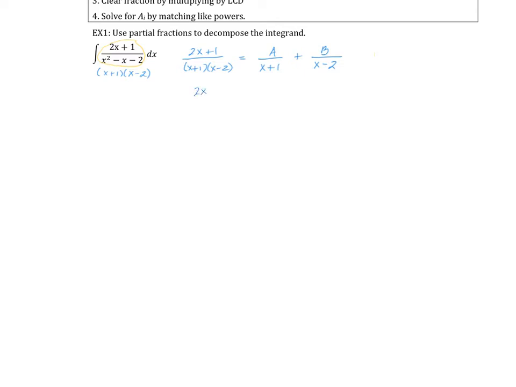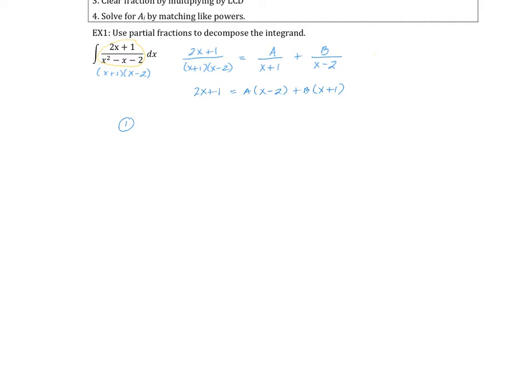So our equation is going to be 2x plus 1 equal to A times x minus 2 plus B times x plus 1. And now your book, or your ebook, is going to have you do one technique. I'm going to show you another technique. It's very simple, and this technique works really well when you have linear factors.